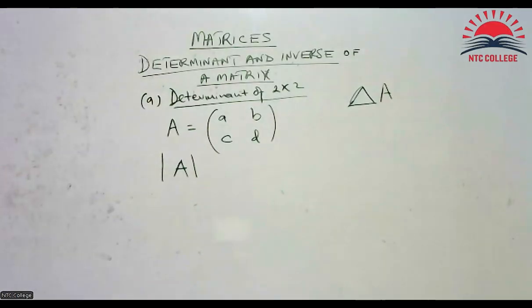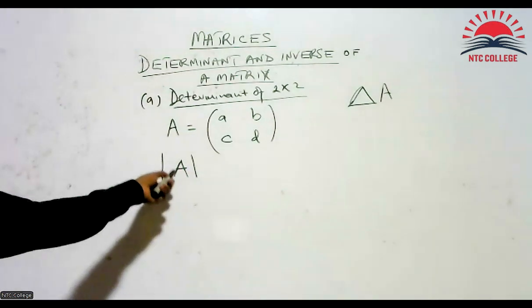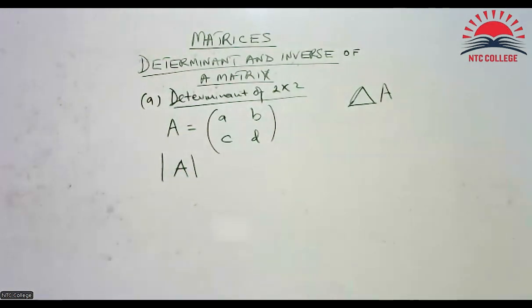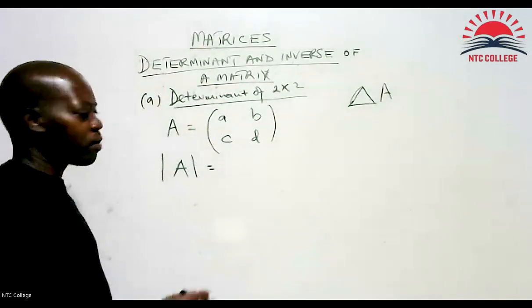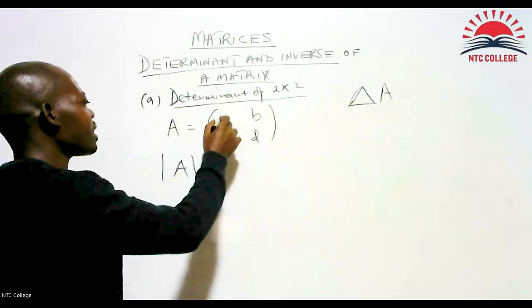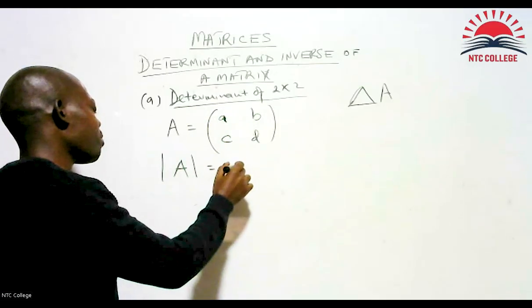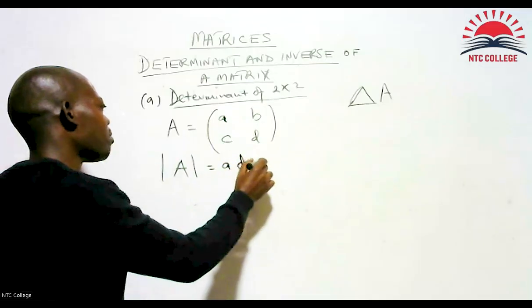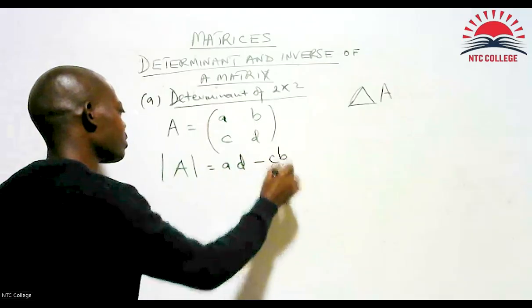But again, for practice, we always use this symbol, the 2 bars with A inside, to denote the determinant of A. So look at it. The determinant of A is simply given by the product of the principal elements, that is a, d. You can see that. So our |A| would be given by a times d minus c times b.